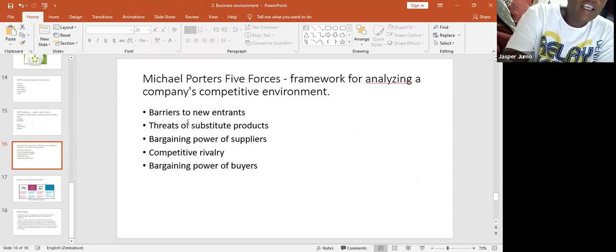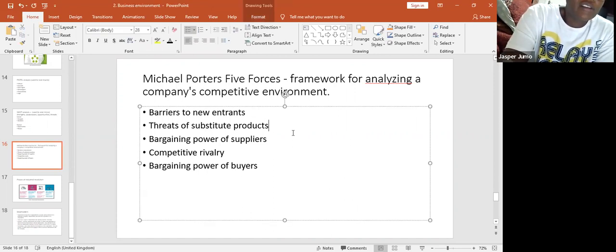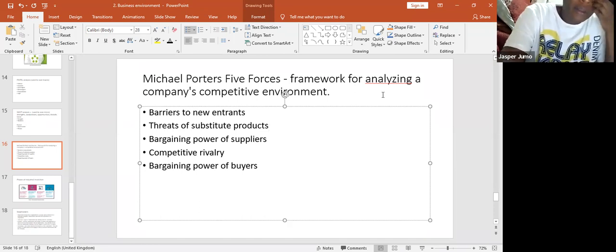Then you also look at the threat of substitute products. If you are producing a certain product, you need to know, if people cannot find your product, what is it that they use to substitute? And you analyze how easy it is for them to substitute your product.